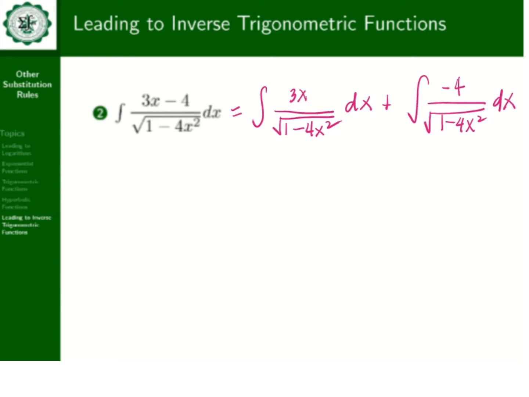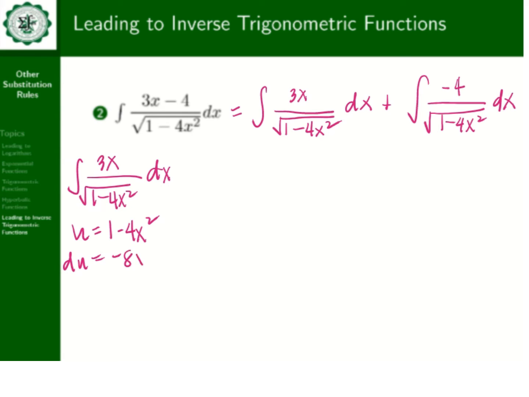We are going to solve each of these two terms separately. For the first term, we have 3x over the square root of 1 minus 4x squared dx. We are going to apply the chain rule for powers, or substitution rule for powers, where we let u be the base, 1 minus 4x squared, and du is negative 8x dx. Now observe that for the substitution to work, our numerator should have negative 8x dx.